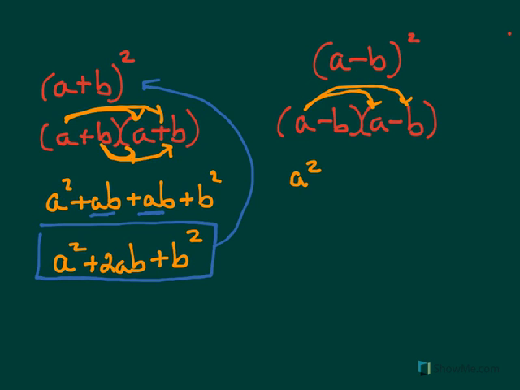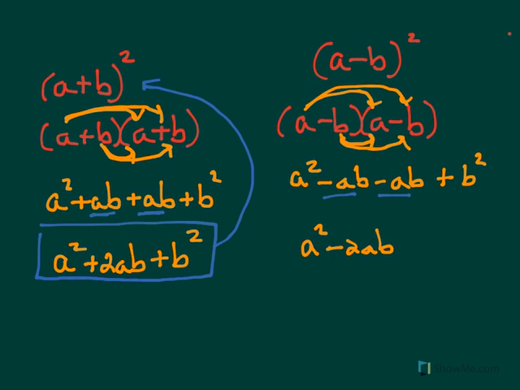A times the negative b is negative ab. Negative b times positive a is a negative ab. And a negative times a negative, that's going to be positive b squared. So notice your two middle terms are both negative. So you're going to get a squared minus 2ab plus b squared.